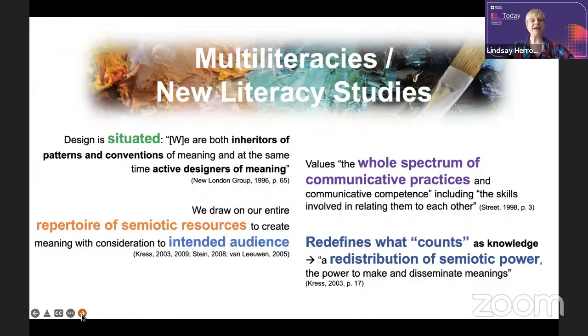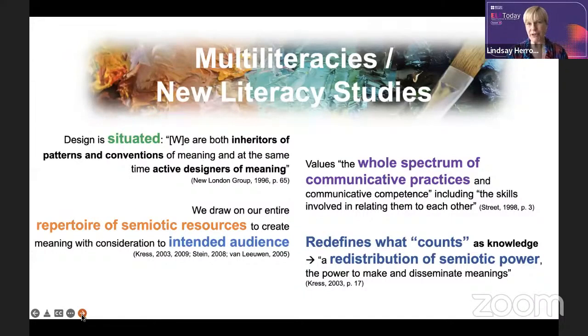We are both inheritors of the patterns and conventions and also active designers of meaning. New literacy studies and multiliteracies value the whole spectrum of communicative practices, including the skills involved in using them together and relating them to each other. It values our entire repertoire of semiotic resources and redefines what counts as knowledge. So it's a redistribution of semiotic power.